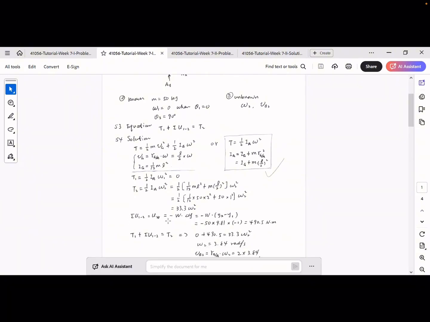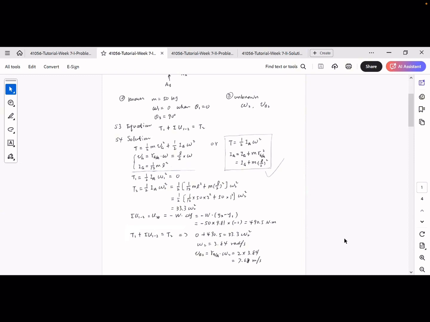Then we find the sum of the work done, minus W delta Y, and finally we sub the values into the main equation and find omega 2. Once we find omega 2, VB is r omega 2, so we find VB.